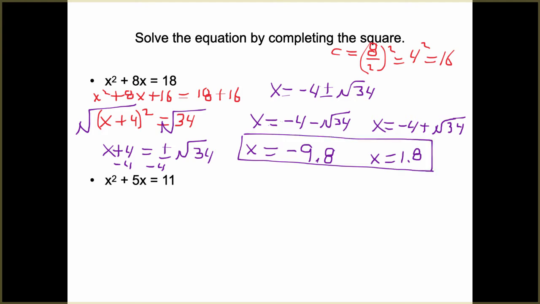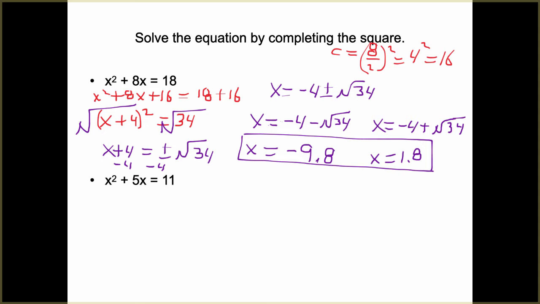All right, for the next one, it gets a little more tricky because we end up getting fractions when we do half of b. But same process, don't get scared by the fractions. Again, we have the x squared term and the x term over on the left equal to a number. We just need to find a c value to add to both sides.